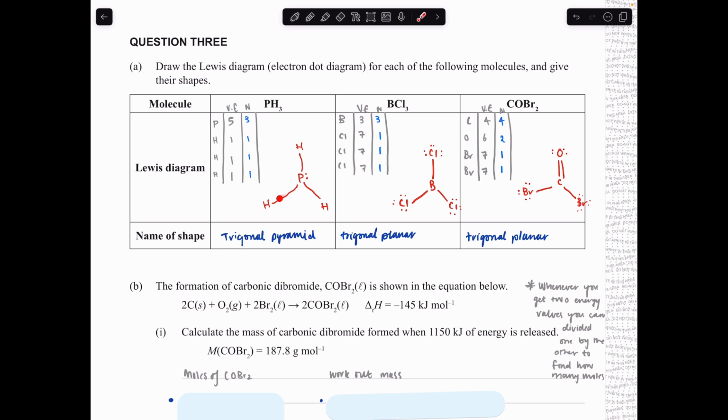But because there are 3 bonded and 1 lone pair, the shape is going to be a trigonal pyramid. Over here, there are 3 regions of negative charge around the central atom. There are no lone pairs, so the geometry will be the same as the shape. It's going to be trigonal planar. Same for our last molecule over here.